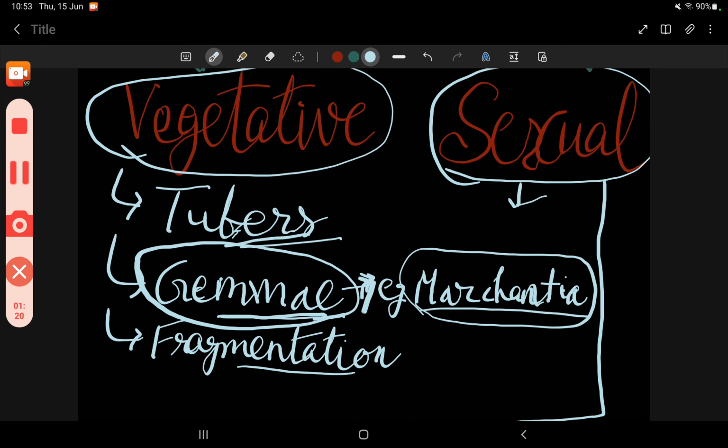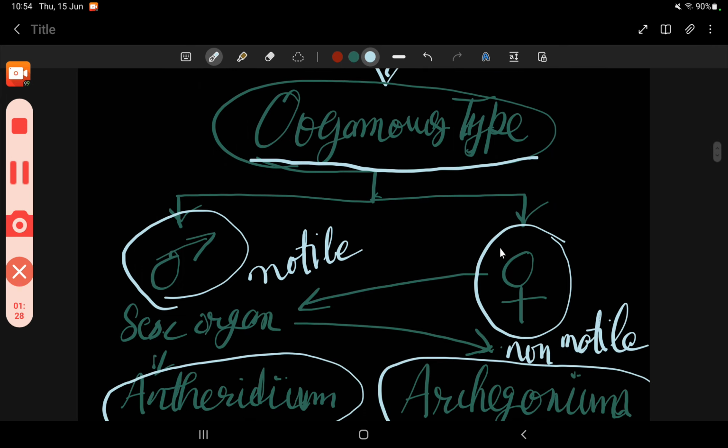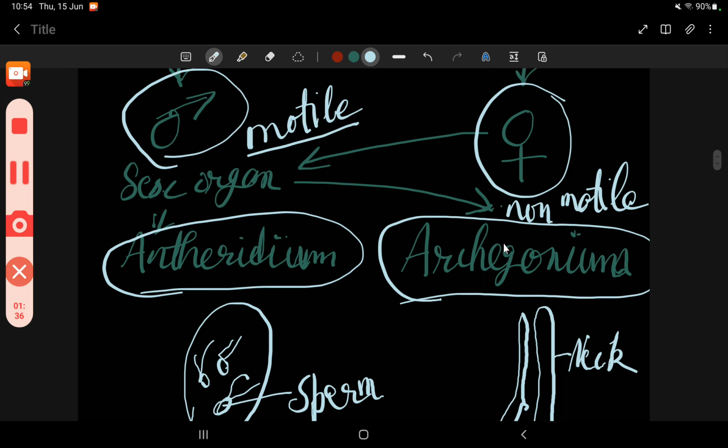Next is sexual reproduction. It occurs through oogamy, or the oogamous type, in which two types of gametes are involved. The male is motile and the female is non-motile. The male sex organ is antheridium, while the female sex organ is known as archegonium.